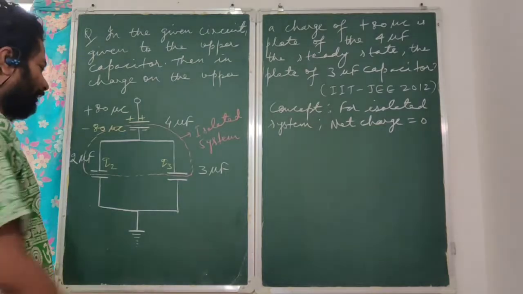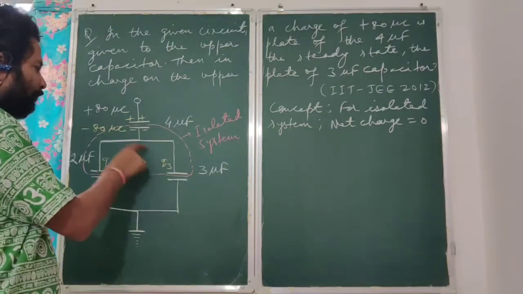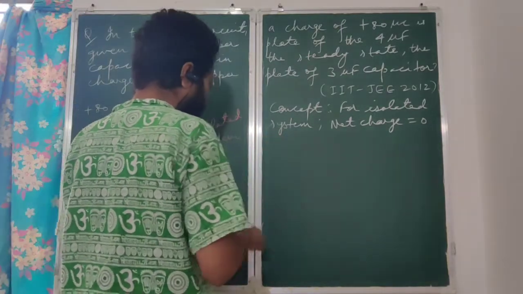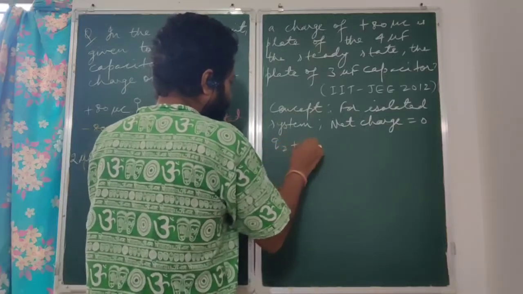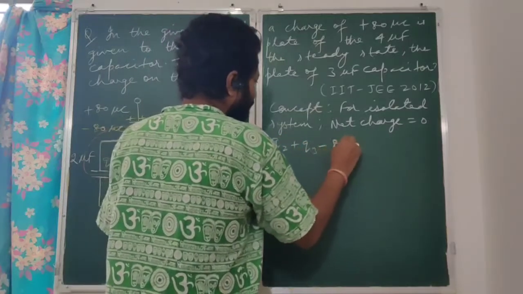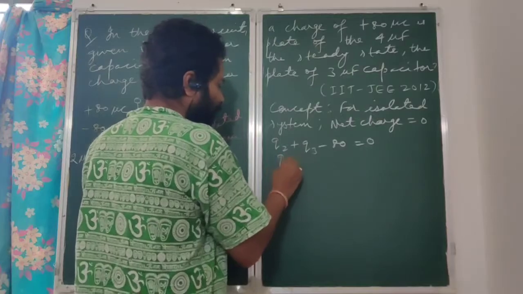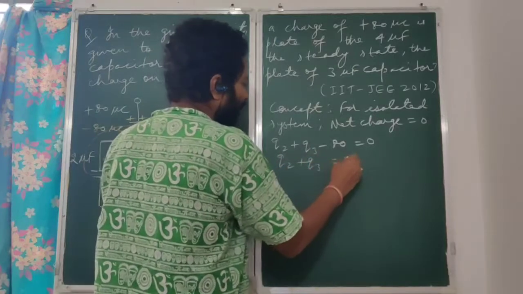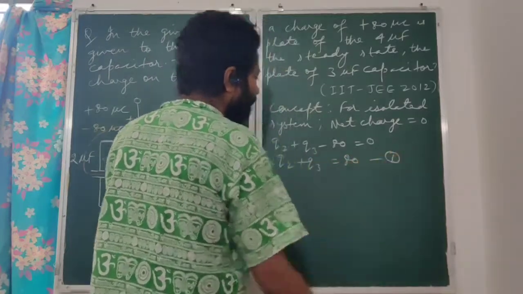Using this concept, can we write the net charge is Q2 plus Q3 minus 80, and this is equal to 0. So Q2 plus Q3 can be written as 80. This will be the first equation.